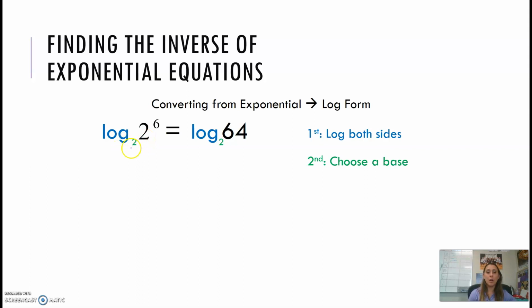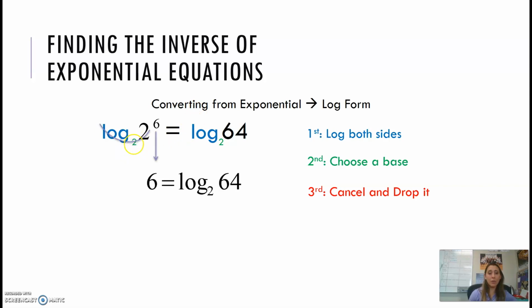So we do log base 2 of 2 to the 6 is equal to log base 2 of 64. Then we cancel and drop. When we have log base 2 of 2 raised to a power, they don't cancel necessarily, but they turn into a 1, and we don't typically write our 1s. So what is left is a 6.